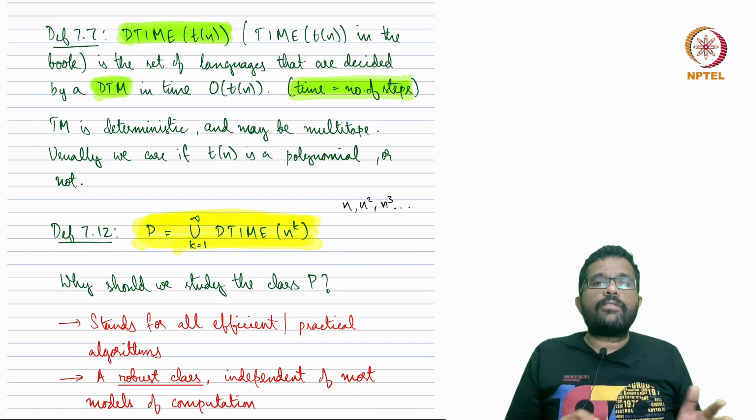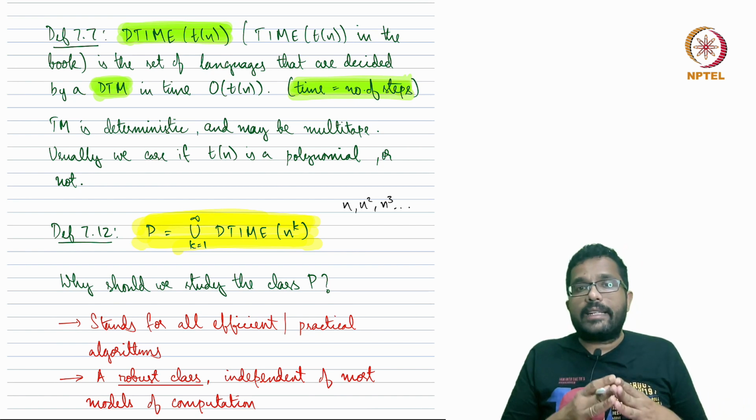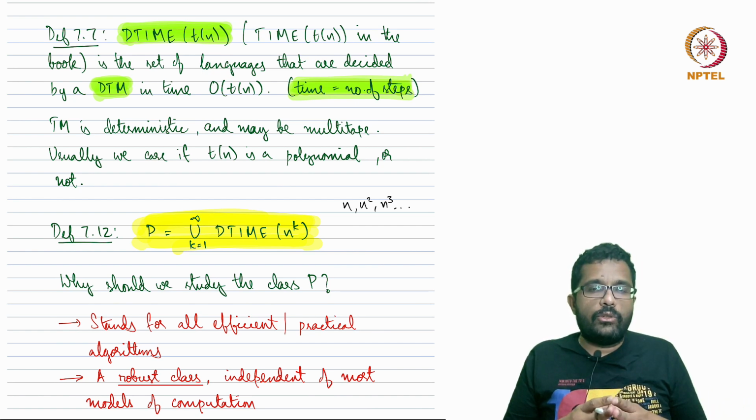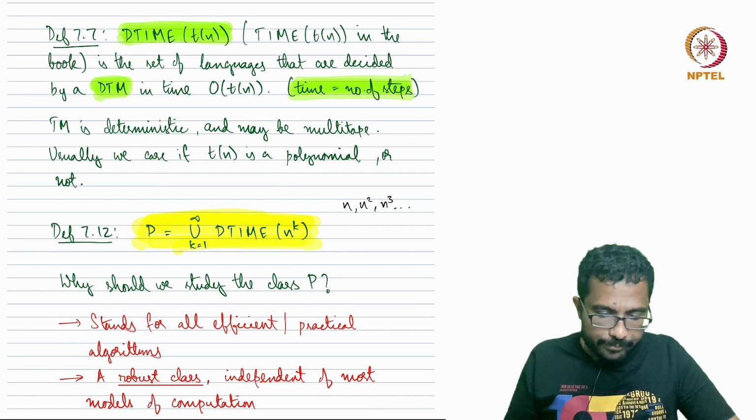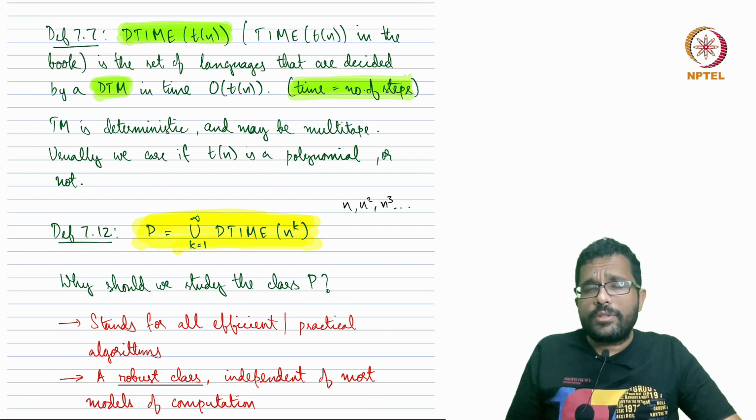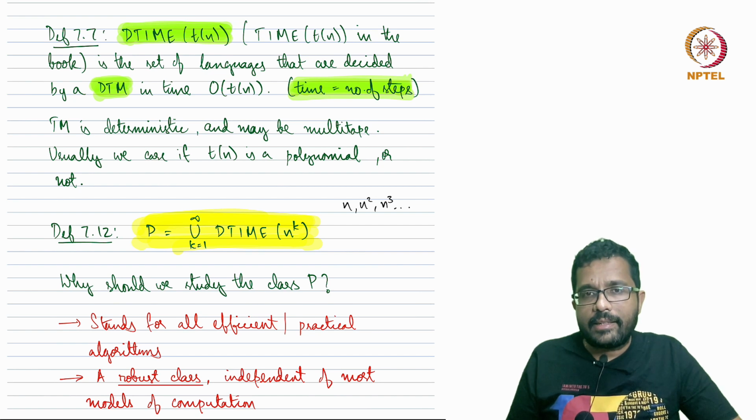So P stands for the class of languages that can be decided by a deterministic Turing machine in polynomial time, right? And this is one of the most important and most fundamental complexity classes that we will see.